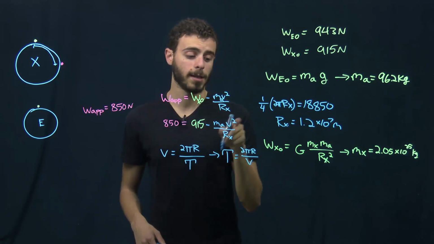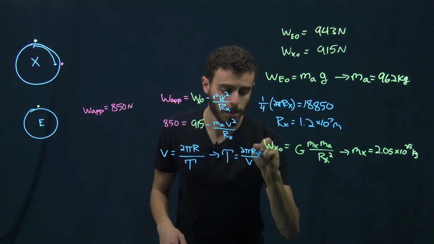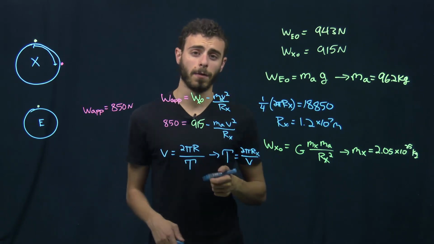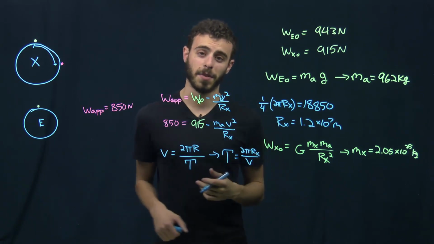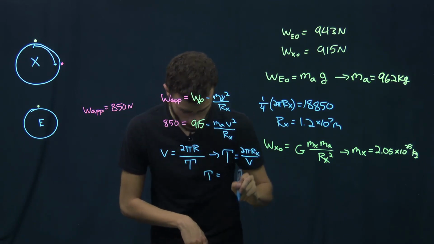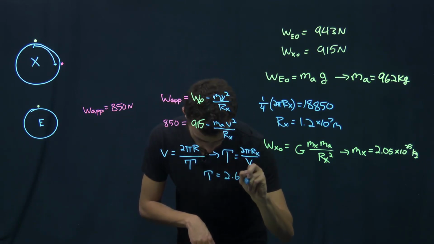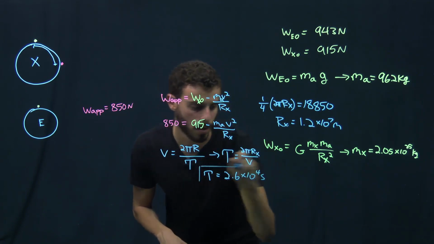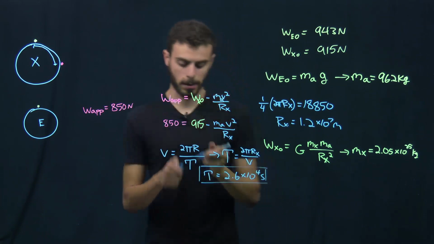We can solve for velocity, plug that in here. This should be radius of x. And so once we plug that in here, we can solve directly for our period, and that's what this problem has asked us for. So we should go ahead and get that the period on this planet is 2.6 times 10 to the 4 seconds. And this is what we were asked for.